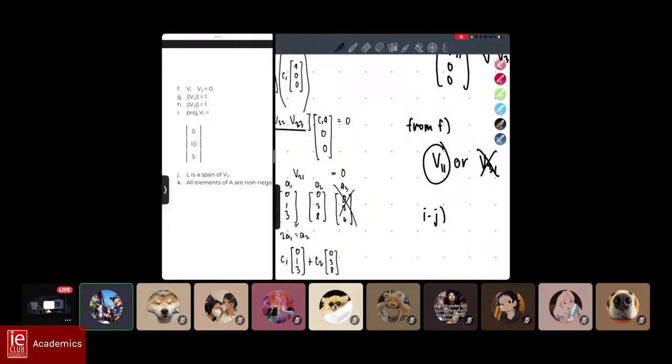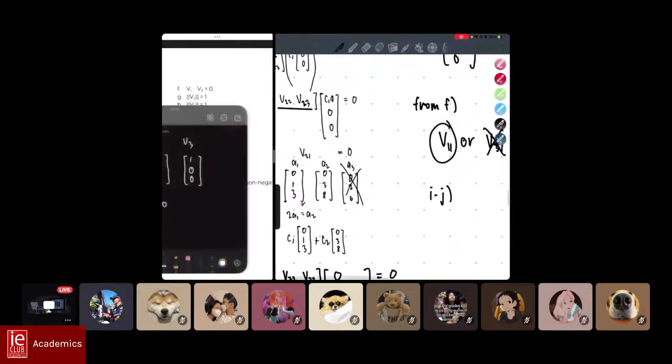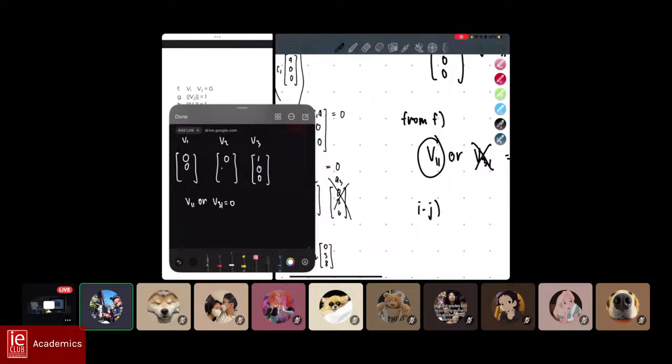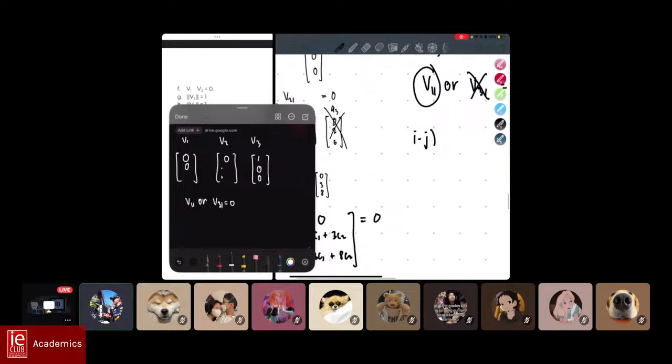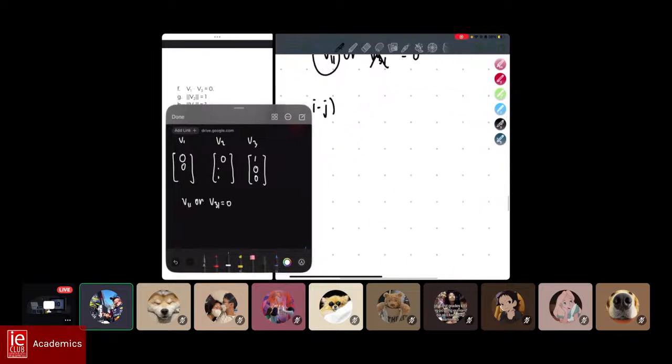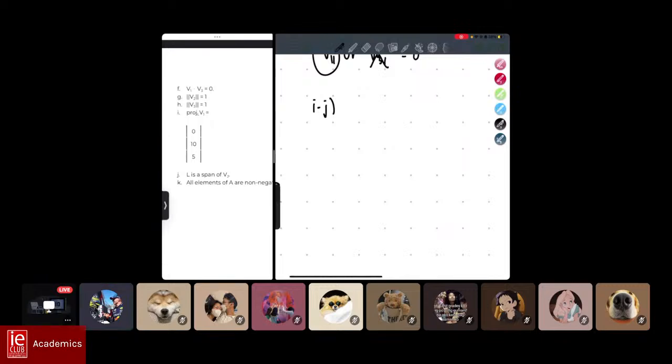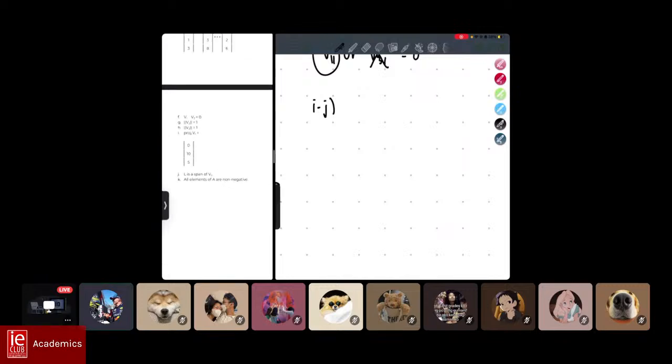it is likely that this will be like, it'll likely span these two vectors. So let's assume muna na these are non-zero. It's kind of a risk, pero we have to do that para we move forward with the solution.